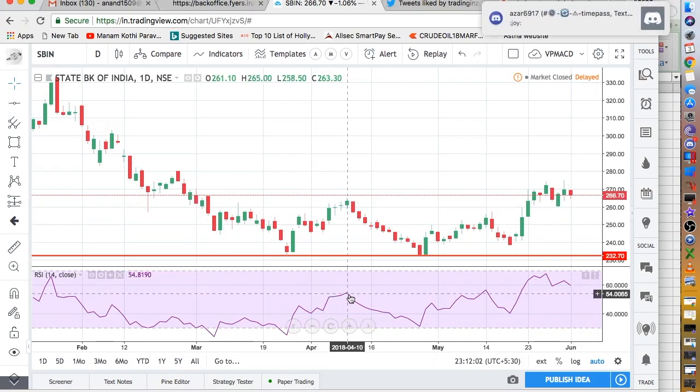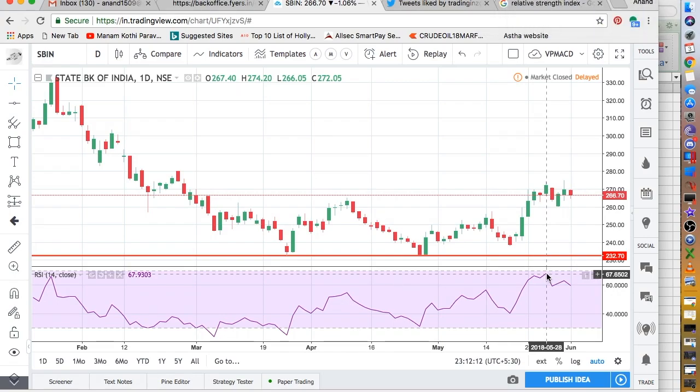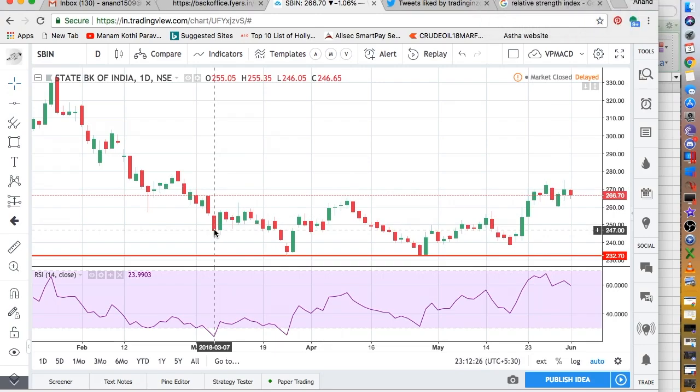So now if you see, you have been holding the stock as long as you want. This has reached a price of 267 as of 28th of May, and what have you made? Like 3 rupees, 4 rupees? I mean, and how long have you been holding? And people go and say this is a swing strategy, go and use RSI.